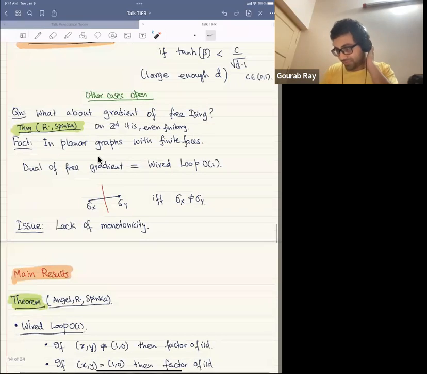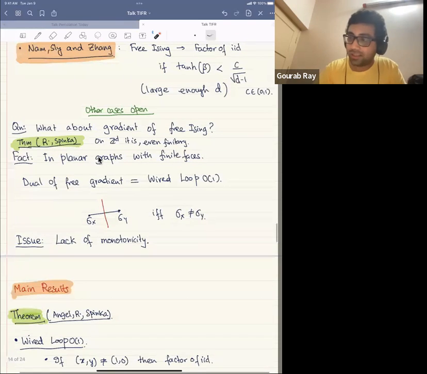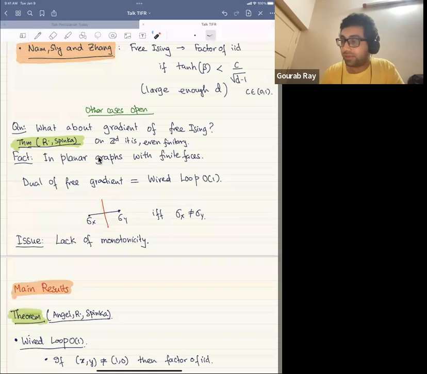Okay, so let me just state our theorem. Before stating the theorem, just to give you another notion of the relation between this loop O(1) and Ising. On a planar graph, if you look at the gradient of the free Ising and you open an edge on the dual graph if and only if the spins are different, that is, in the gradient of Ising this edge is 0, then you get some subgraph of the dual graph.